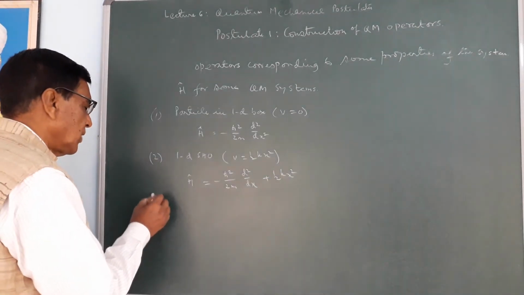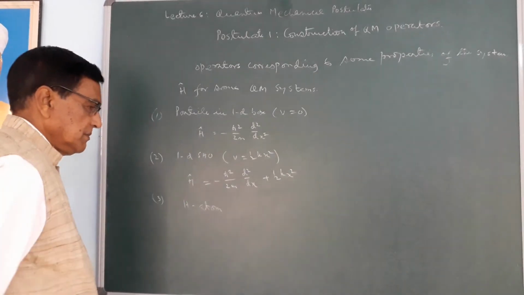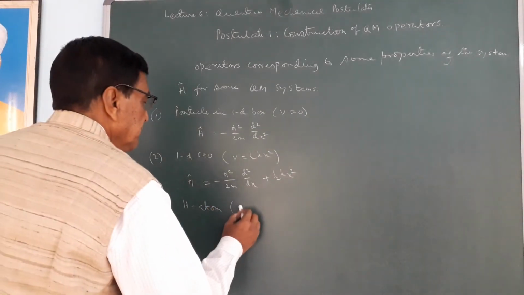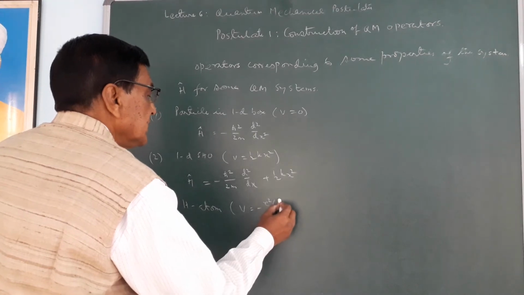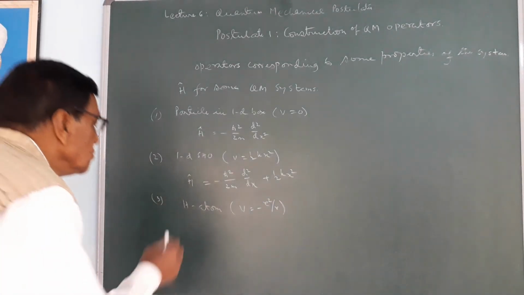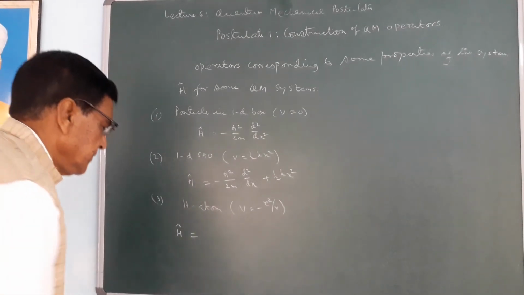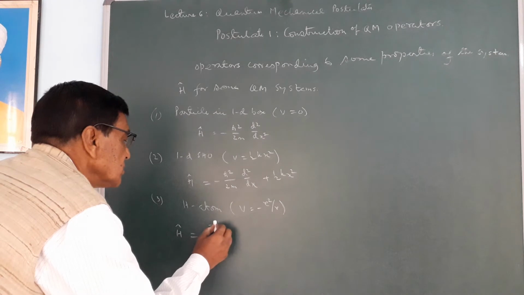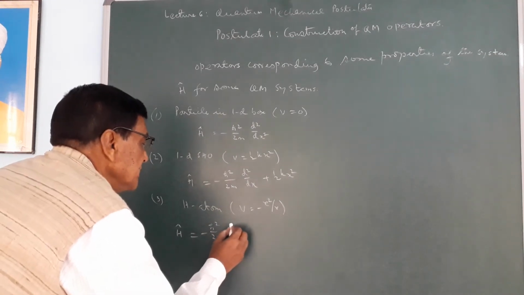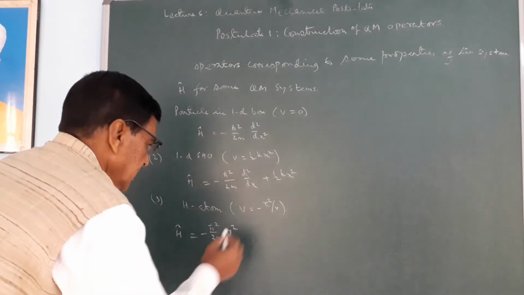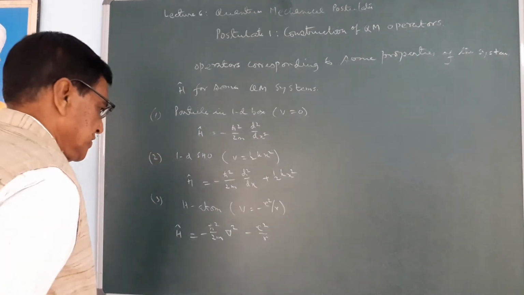And the third one is the hydrogen atom. Here V is equal to minus e square by r, and it is a 3-dimensional motion. So H cap in this case is equal to minus h cross square divided by twice m, the Laplacian operator del square, minus e square by r. This is the potential energy.